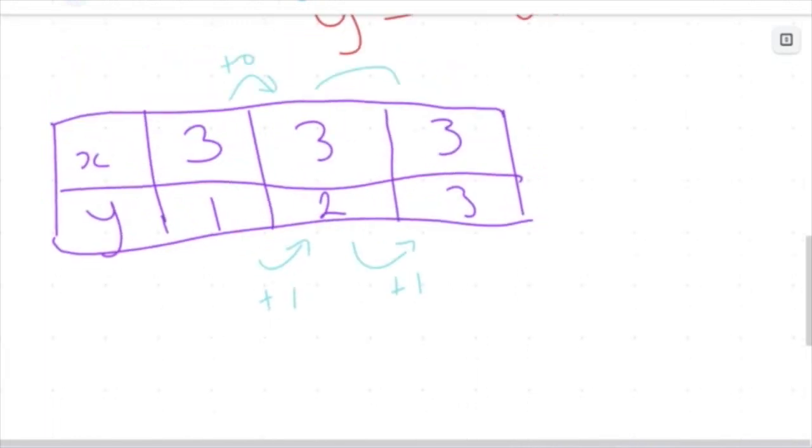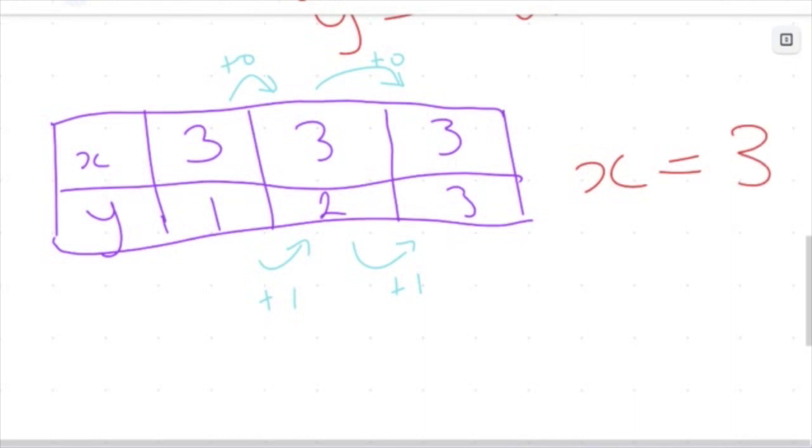Because for my x, we're always adding 0. In other words, we are never moving from 3. No matter what changes in the y, x is always 3. So I can write that my equation for this is going to be x equals 3.